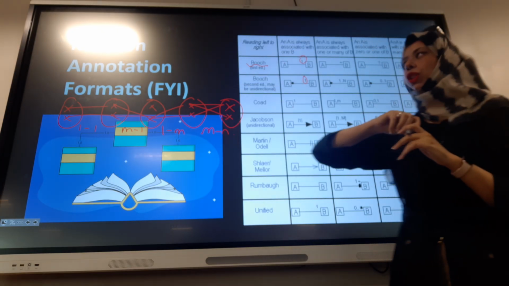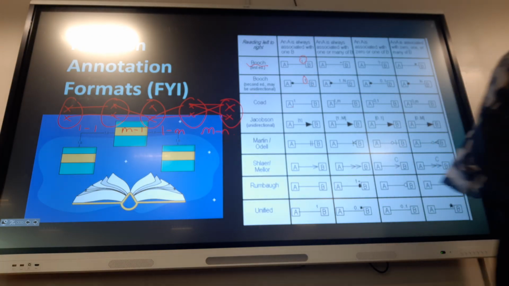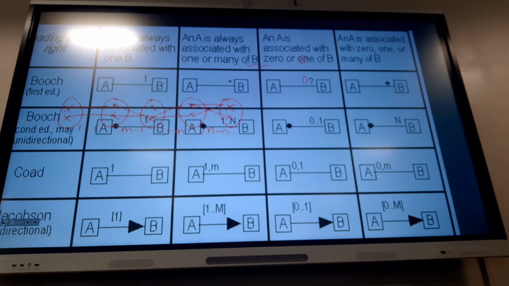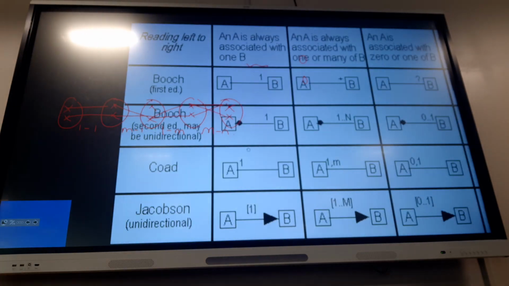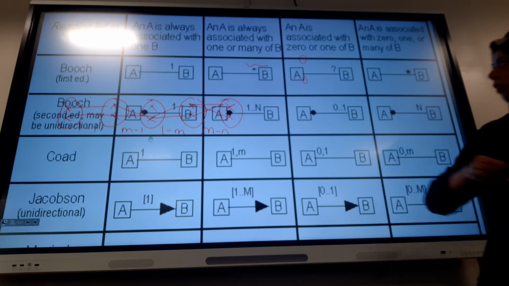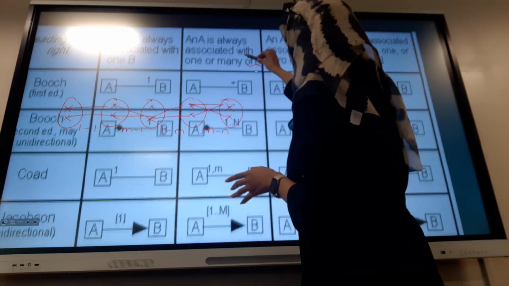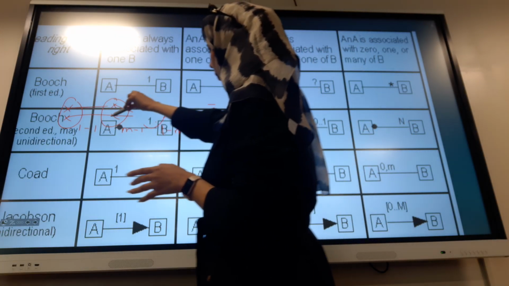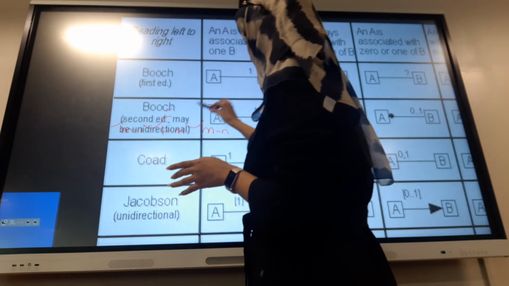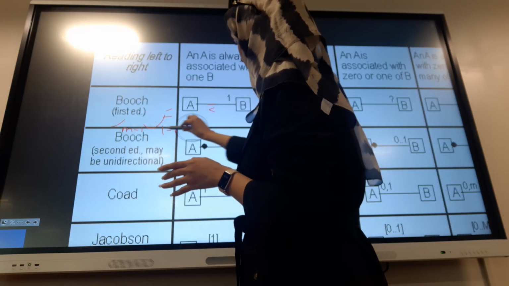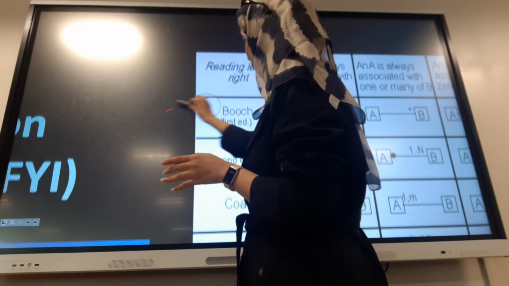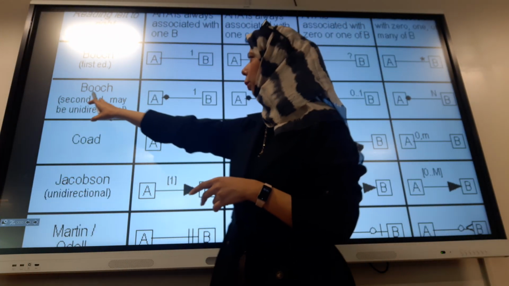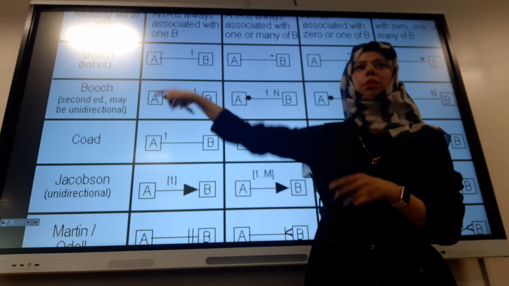In the edited edition, the second one, they can represent also the 0.